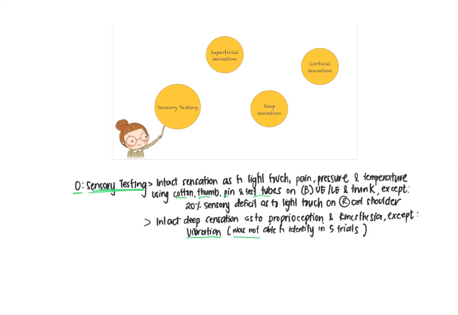So, was not able to identify in 5 trials, so 0 out of 5. In 0 out of 5 trials, the patient could not identify the vibration. For instance, if the patient was able to identify it only once, then you say was able to identify in 1 out of 5 trials. Okay?